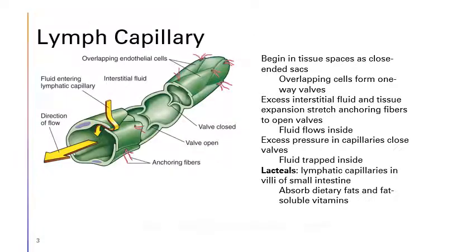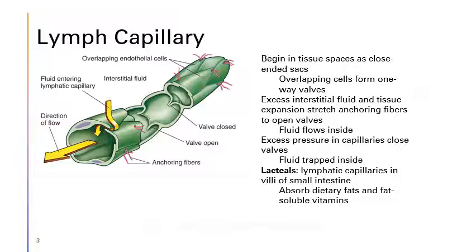This picture is the lymphatic capillary, which then goes to meet the bigger vessel. So what I want you to look at before we even talk about how the lymph moves throughout our body is that when you look at these yellow arrows, there's only one way that fluid can come into our capillary.